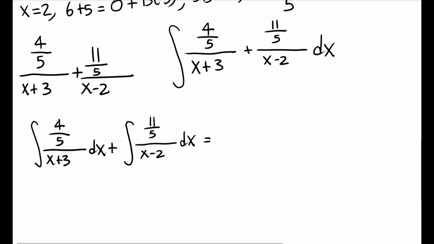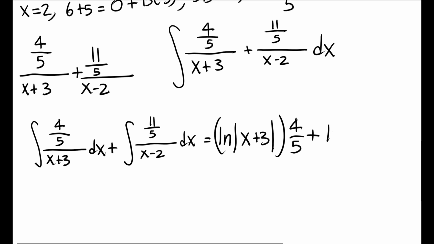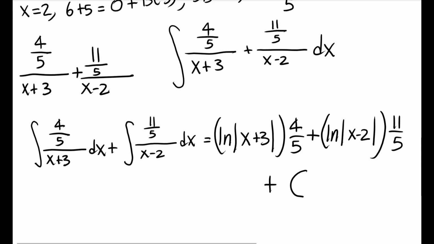All you're going to get is the ln of the absolute value of x plus 3 times 4/5, plus the ln of the absolute value of x minus 2 times 11/5, plus C, which is important because this is an indefinite integral. And so that's our final answer.